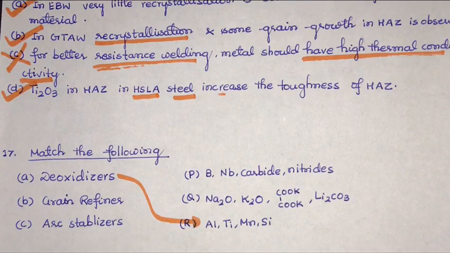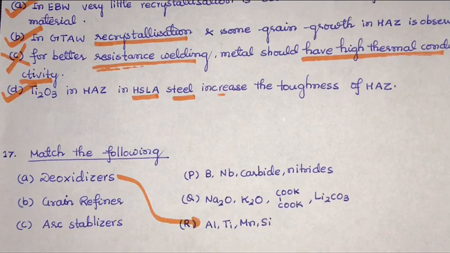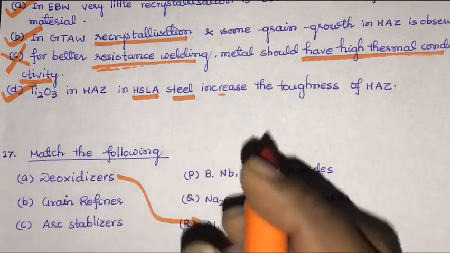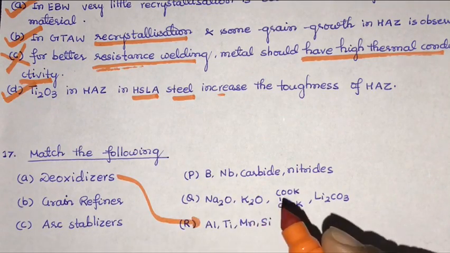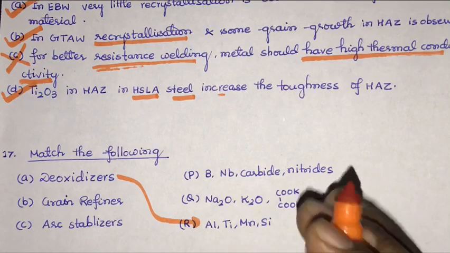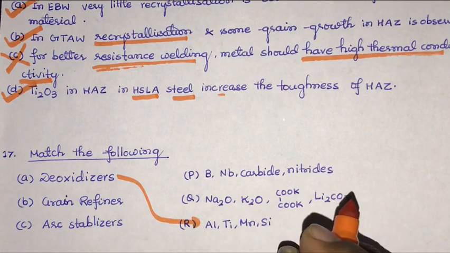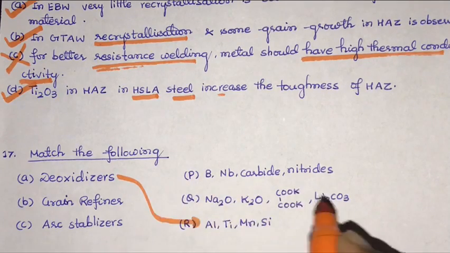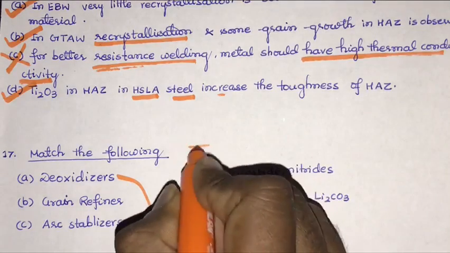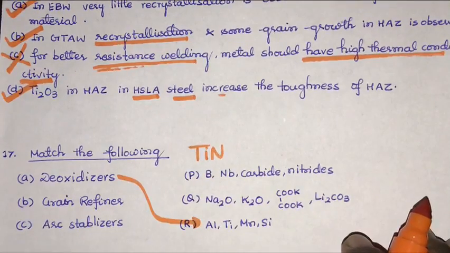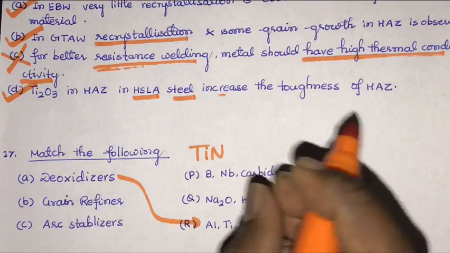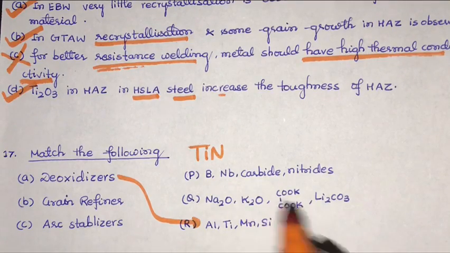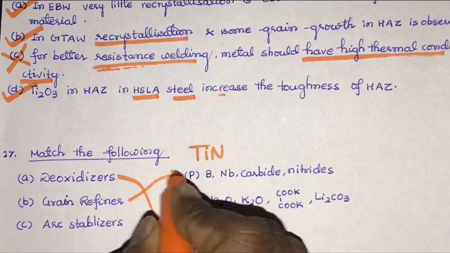Grain refiners are generally the carbides and nitrides of niobium, vanadium and titanium, in which TiN, the titanium nitride, is the most effective, because TiN has a very low tendency to decompose and it does not dissolve at high temperature. So it is most effective in limiting grain growth in welding. So grain refiner matches with B.